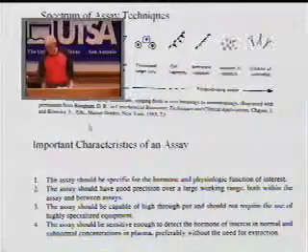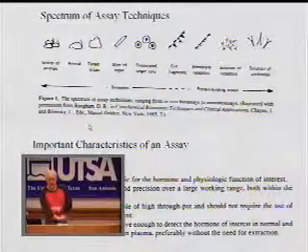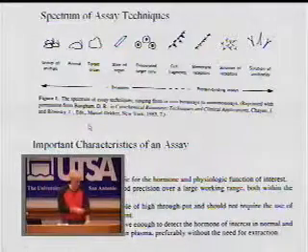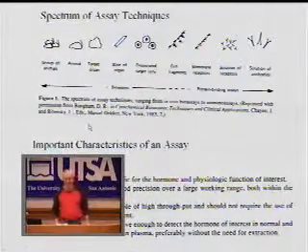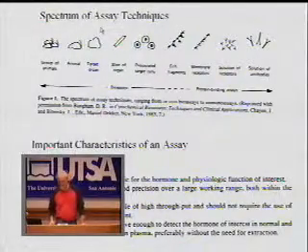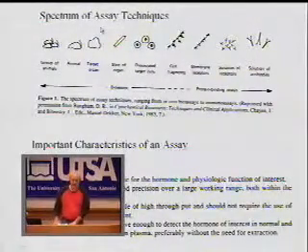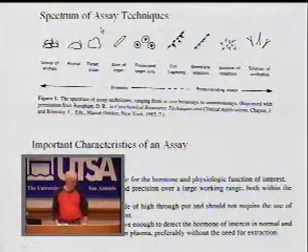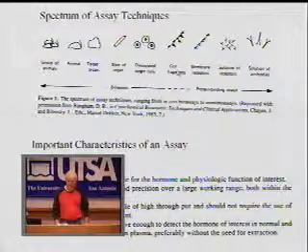So in continuing with our general assessment of methods, different types of assays, let's think about the spectrum of assay techniques. And we'll definitely get into more details as we proceed in the semester that will include focus on DNA. This one is focusing primarily on proteins.